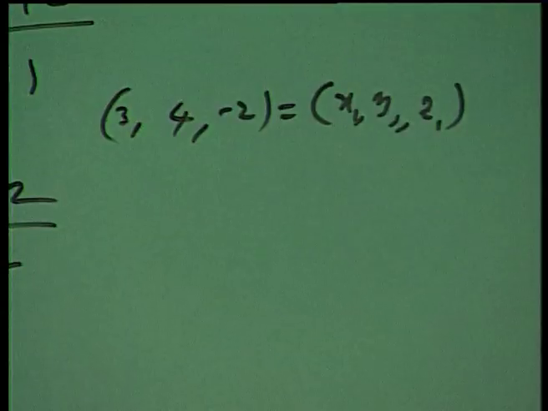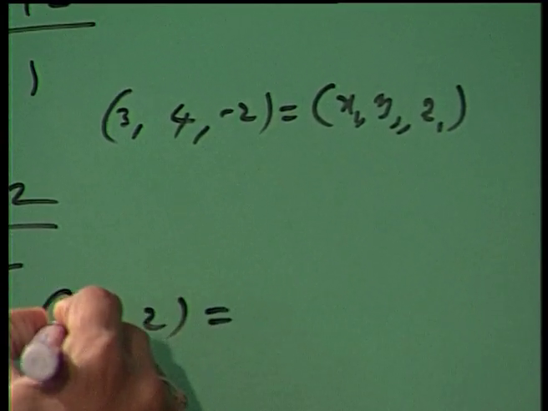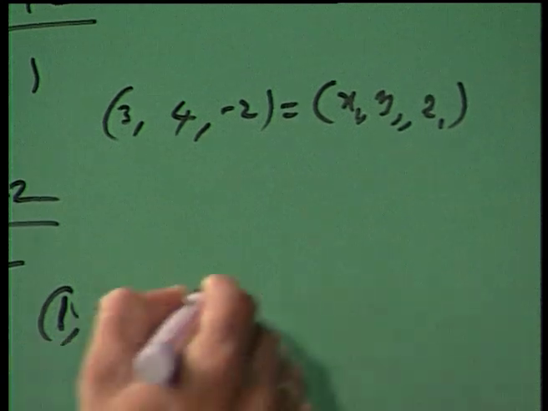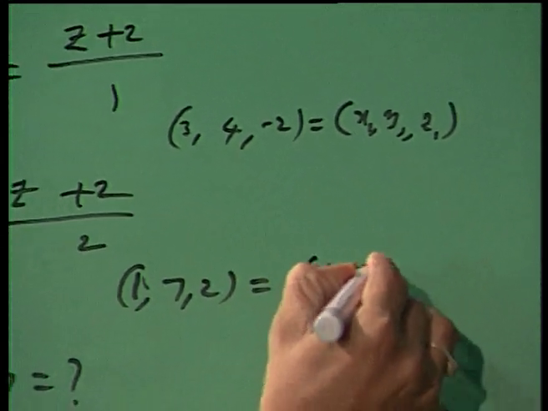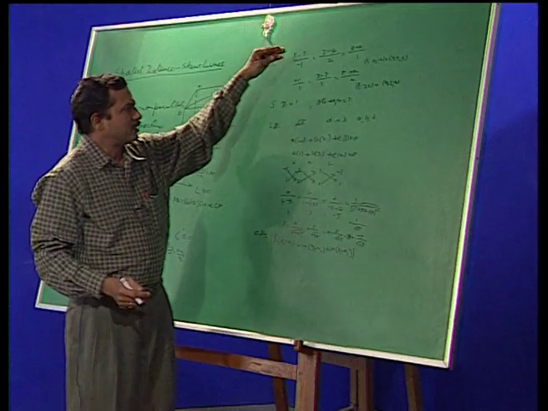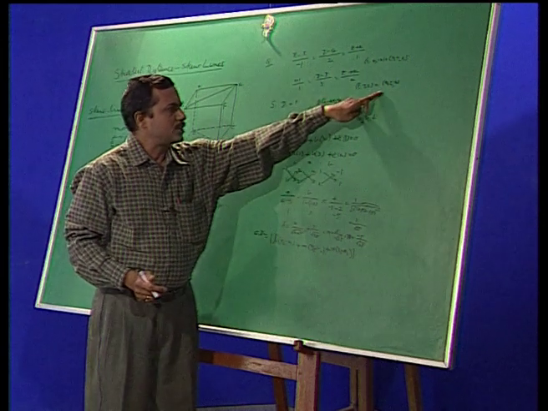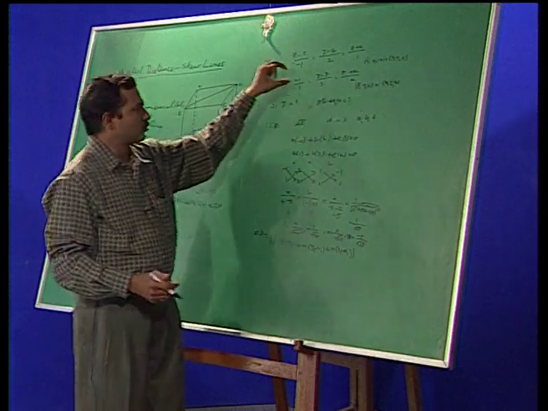Similarly, the second line is passing through the point 1, 7, minus 2, and this ordered triple 1, 7, minus 2 is taken as x2, y2, z2. So, x1, y1, z1 are the coordinates of a point through which the first line passes, and x2, y2, z2 are the coordinates of a point through which the second line passes.